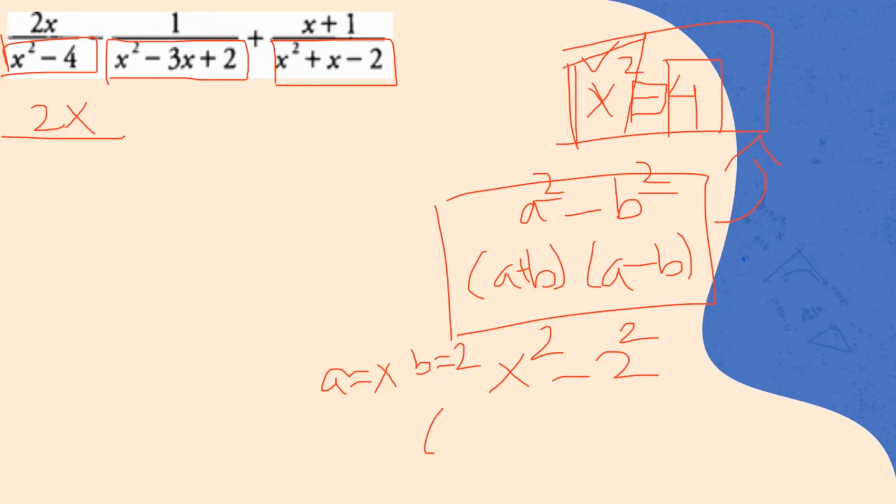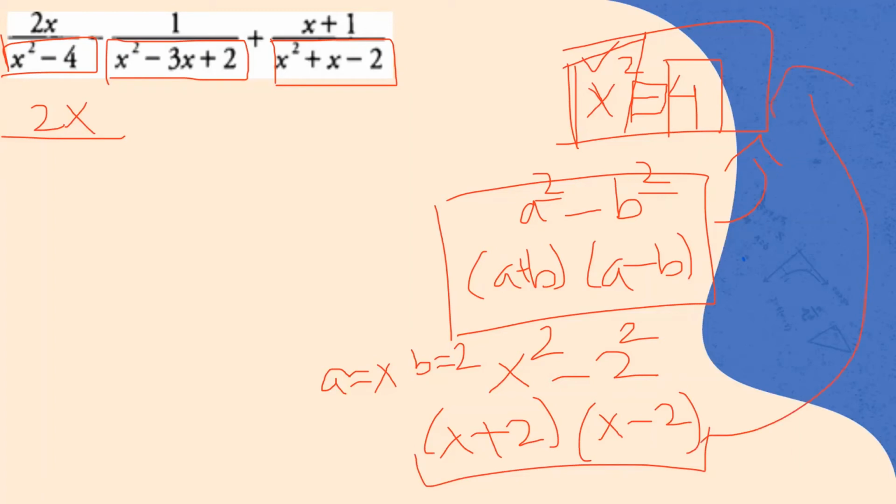So then a plus b should be x plus 2, and a minus b should be x minus 2, right? And those are your two factors of this expression. Once you factor that, you write that in here: x plus 2, x minus 2. And once you figure that out, you're kind of done with your first fraction.